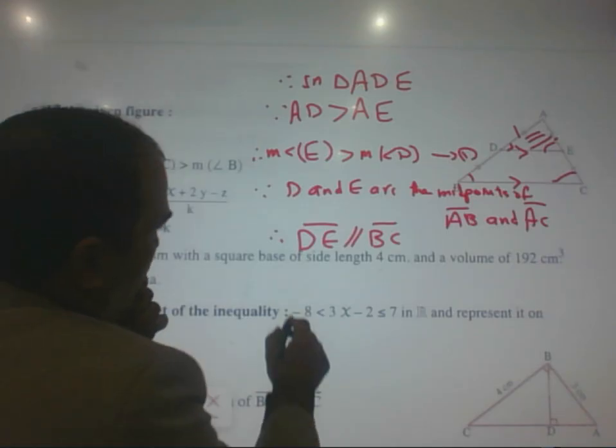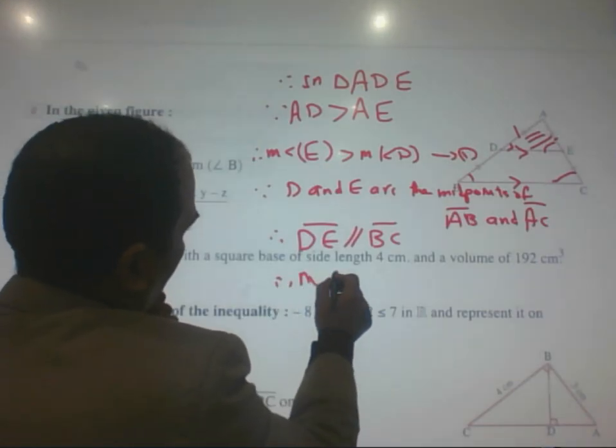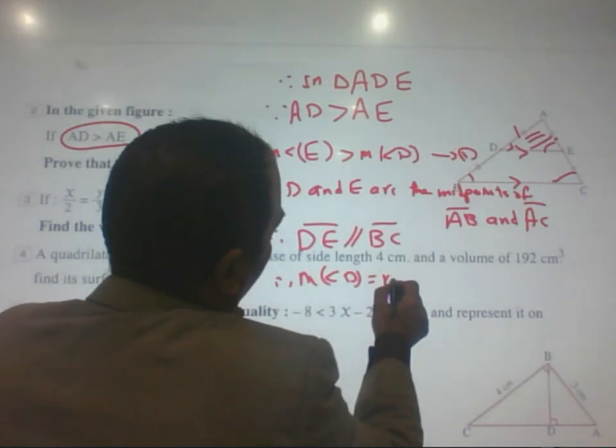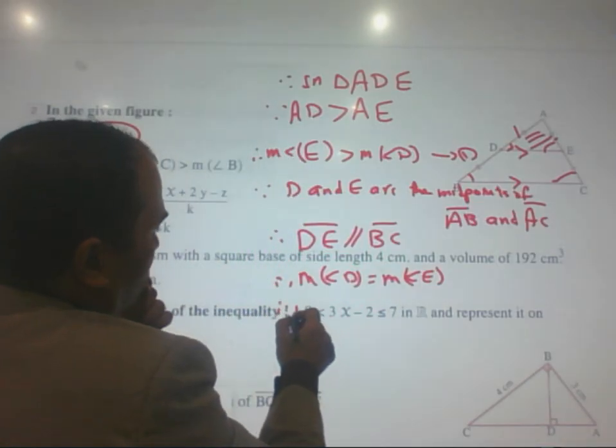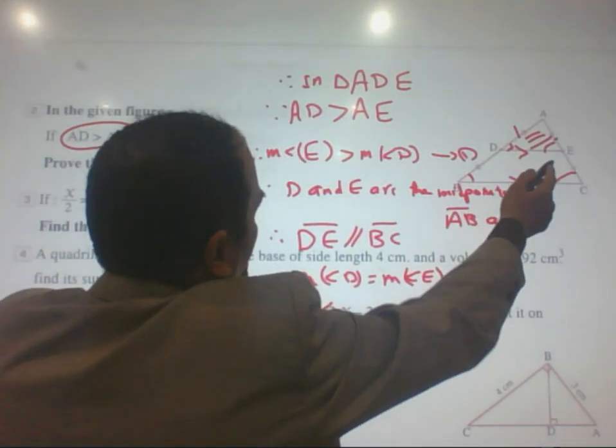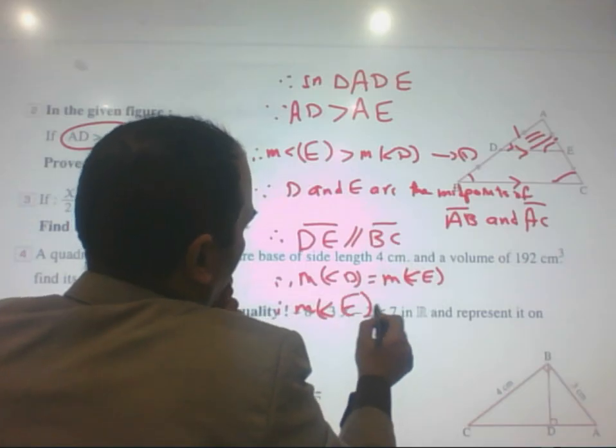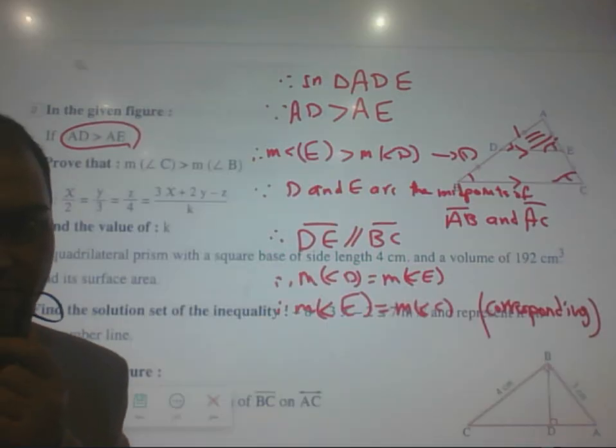Parallel, then the measure of angle D will equal the measure of angle B, and the measure of angle E will be equal to the measure of angle C. Angle E equals angle C, corresponding angles. We call it corresponding angles, okay?